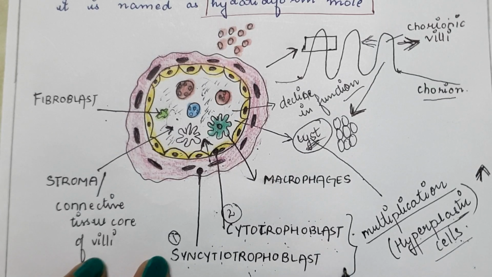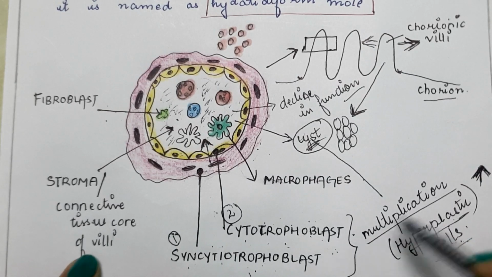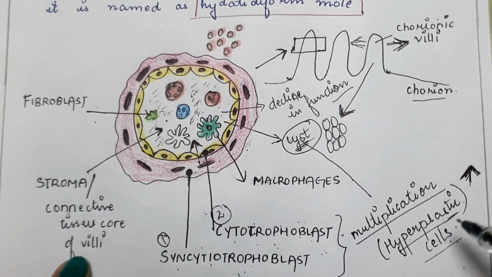There is a proliferation of trophoblast cells. Proliferation means multiplication, and after multiplication they are known as hyperplastic cells. Now what are hyperplastic cells? When the number of trophoblast cells is increased because of multiplication, that is known as hyperplastic cells.